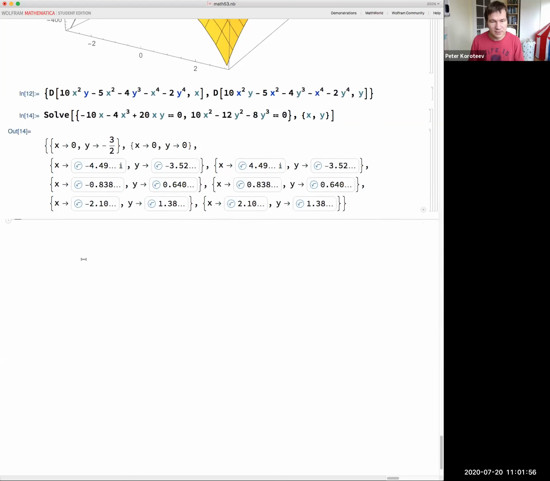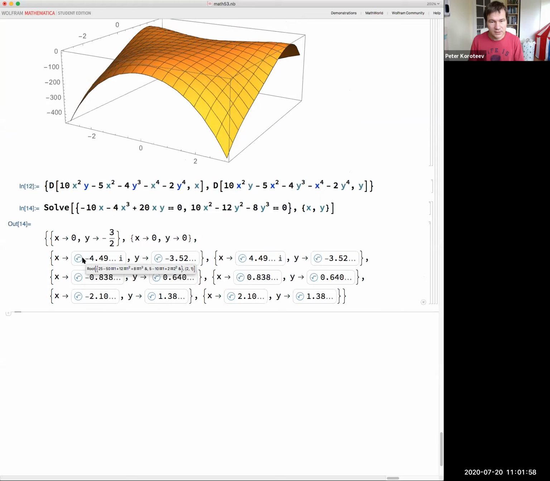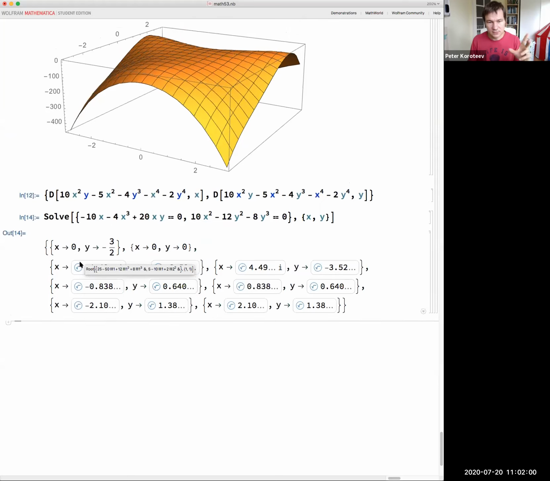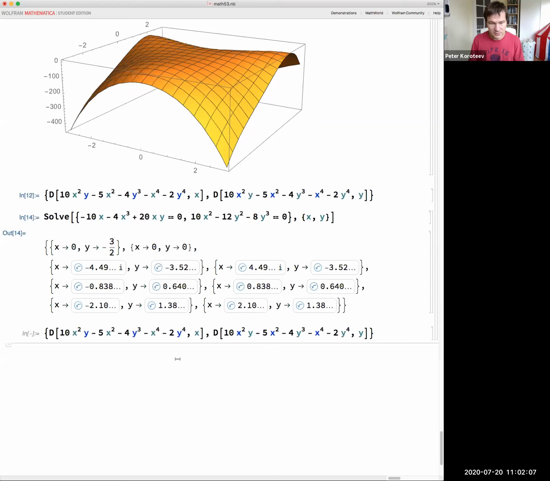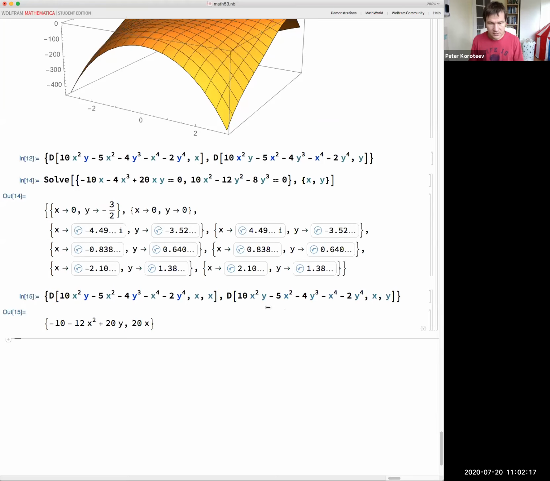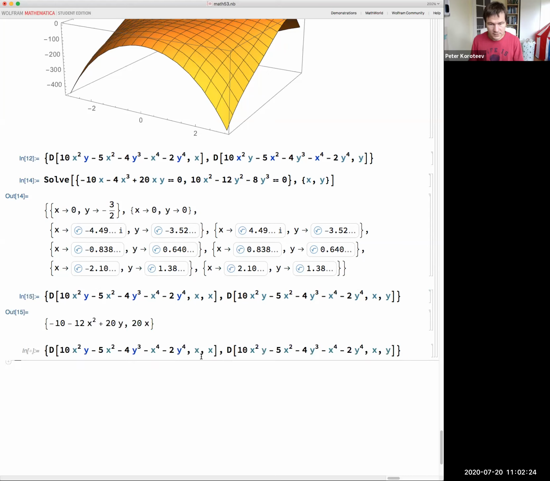Now we need to examine all those points for what's going on with the determinant of that matrix. Let's calculate xx and then xy, x should be the same, and then yy.